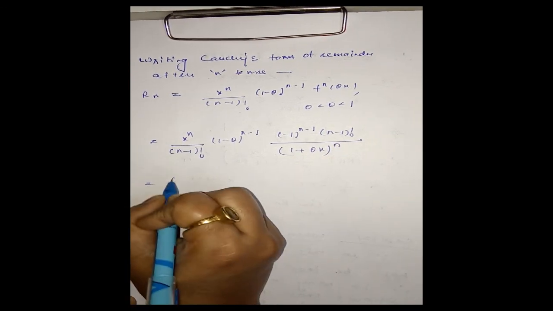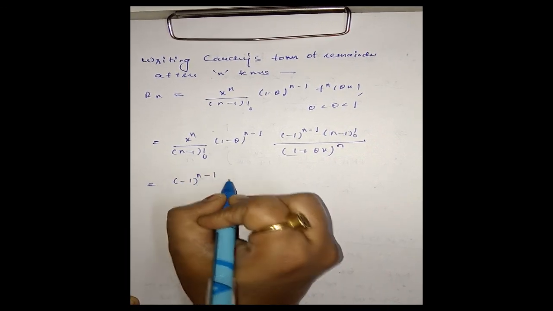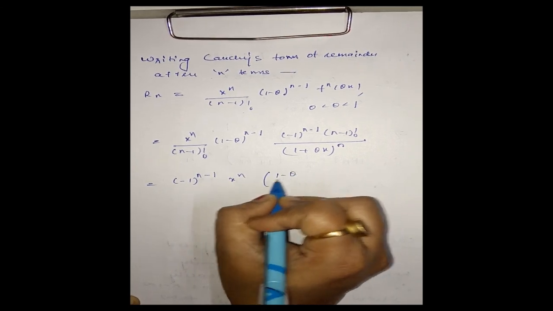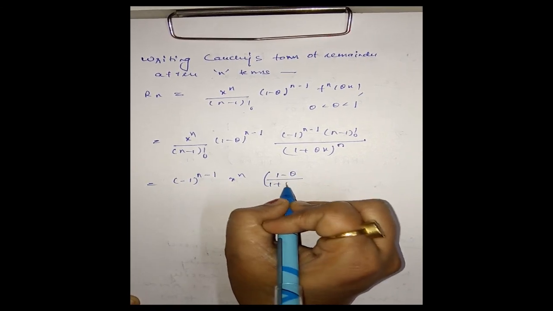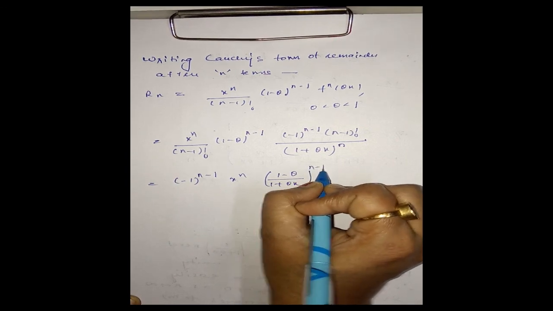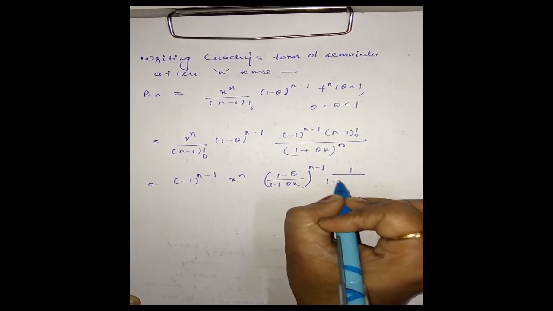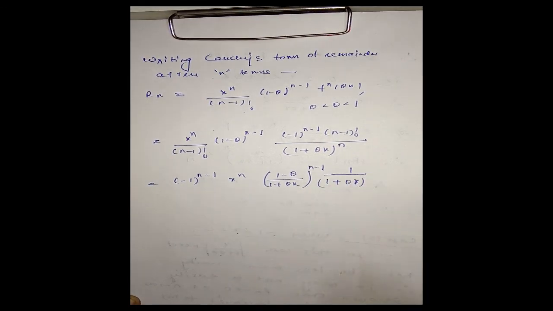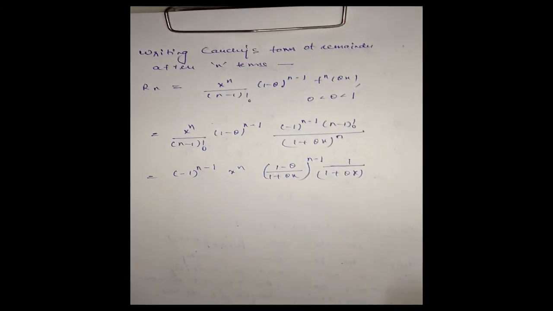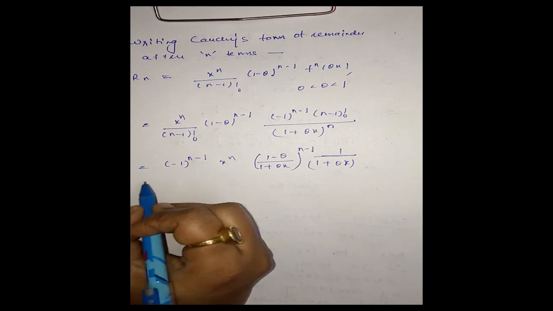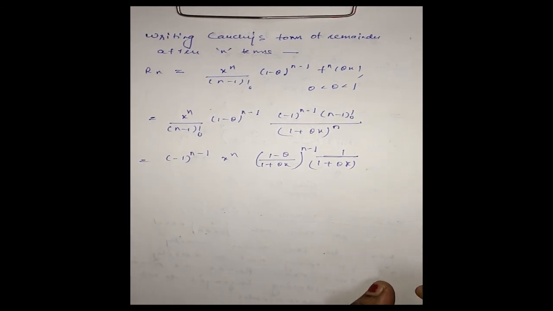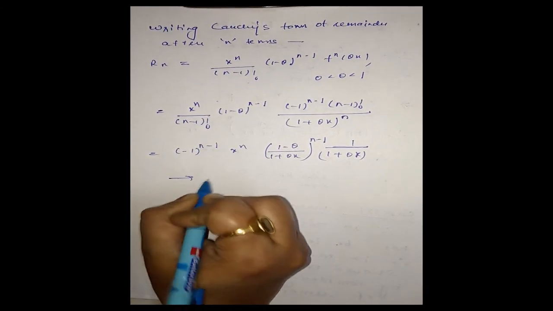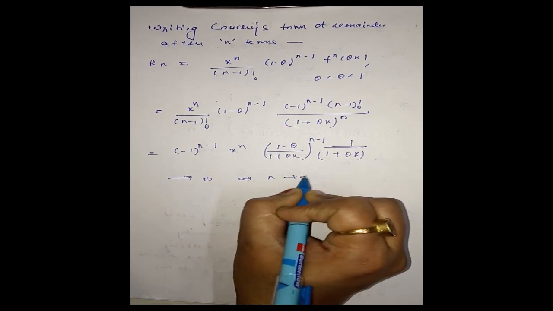Now this is ((1 minus theta) by (1 plus theta x)) power n minus 1, times 1 upon 1 plus theta x. This is Rn. Now this Rn, we have to show tends to 0 as n tends to infinity.